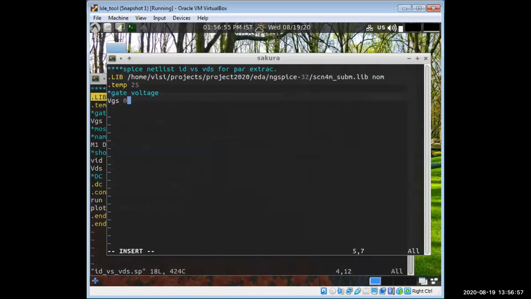Do the gate node, then the ground node, the positive node, the negative node, then DC equals 5 volt and AC is 0 as well.